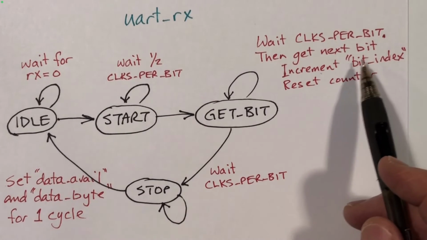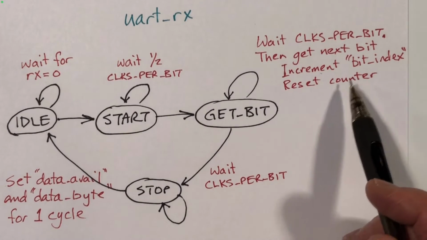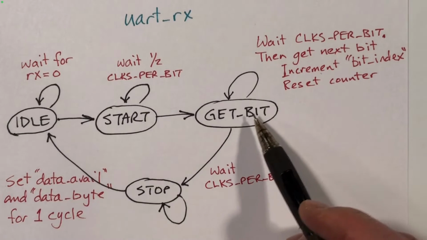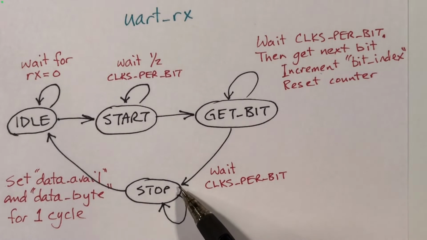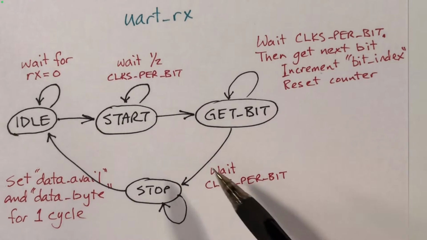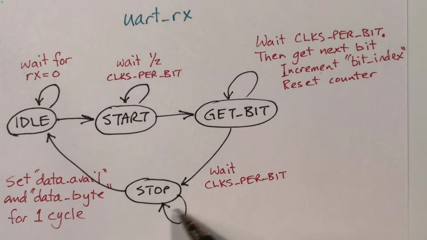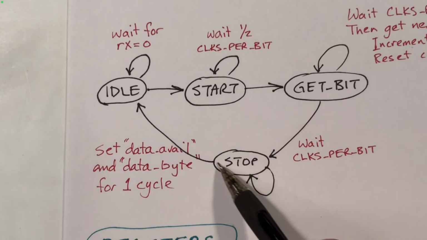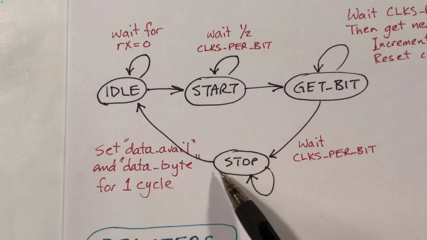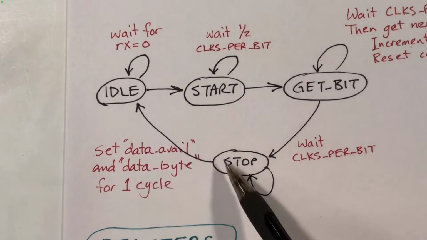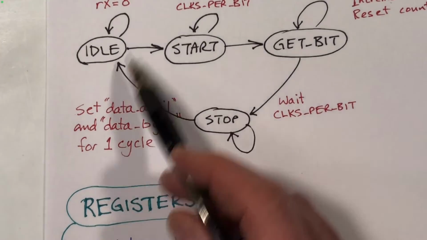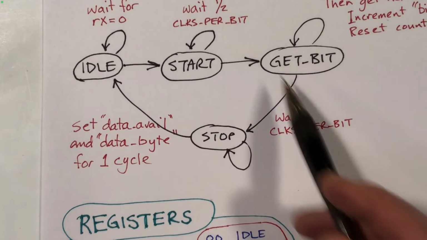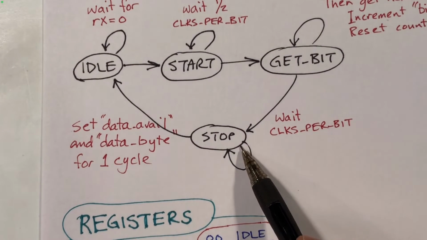And finally, if the bit index has reached 7, that is, we've gotten all the bits, then we will wait 1 more bit time to get to the center of the stop bit, and that's what's going on here. And then finally, we will set the data available and data byte outputs high for 1 cycle and transition back to the idle state. So this finite state machine will need some kind of variable to determine what state it's currently in.